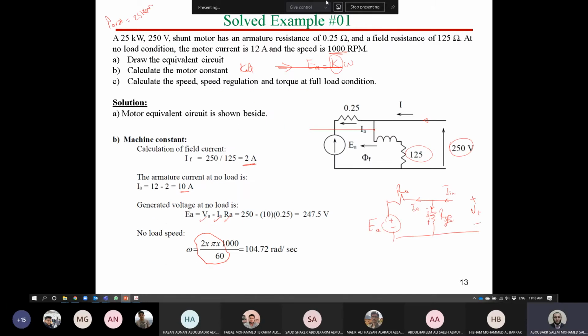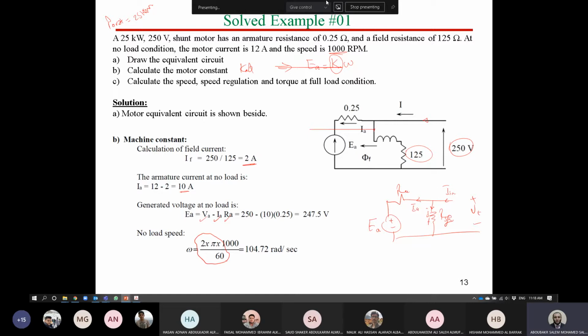Part C, calculate the speed, speed regulation, and torque at full load condition. Now, for full load condition, what are the given data for full load, Shabab? We have only the data of no load. Is it right?